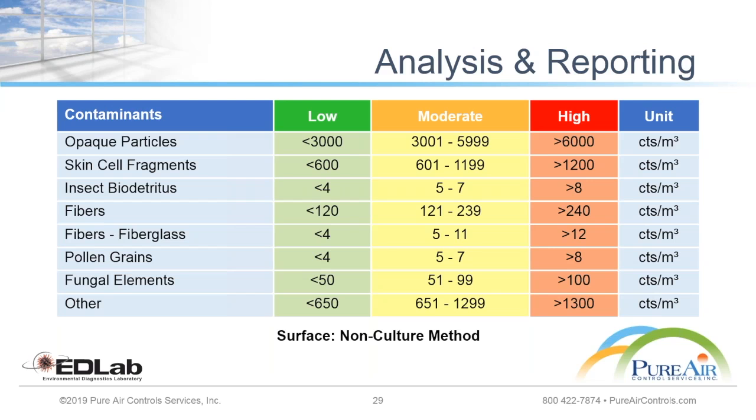That particular data is published in a peer-reviewed journal. Again, I repeat, fungal elements should be less than 50, and others less than 650 counts. So these are the typical counts if you analyze the sample using the non-culture method, and microscopy is one of the non-culture methods which this laboratory typically uses.